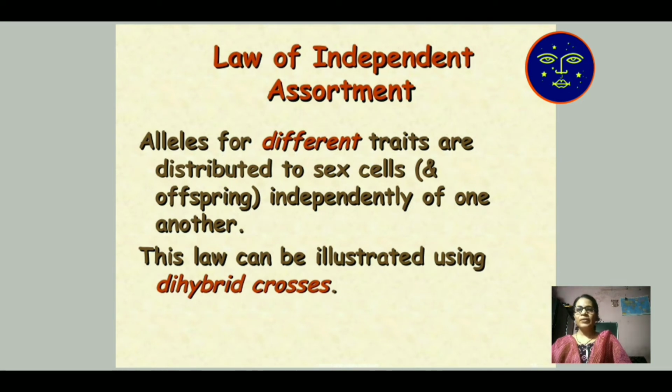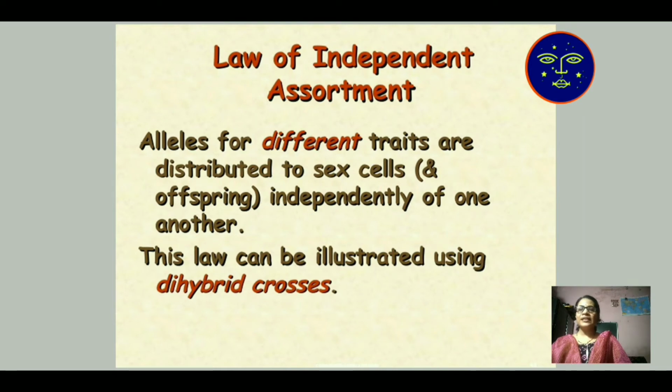Here in the dihybrid cross, Mendel gave a new law, which is known as the law of independent assortment. In this law, he says that alleles for different traits are distributed to sex cells and offspring independently of one another. This law can be illustrated using a dihybrid cross.